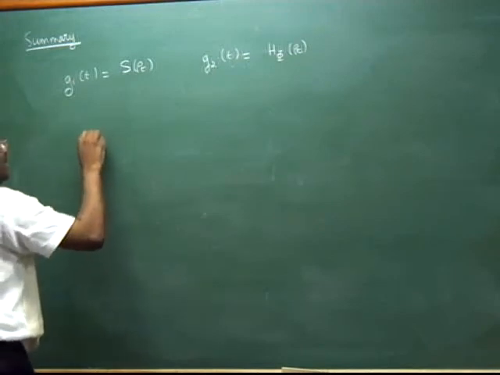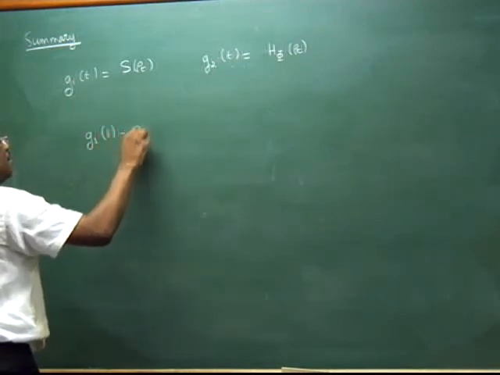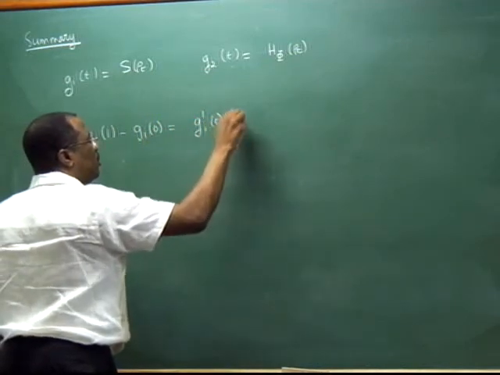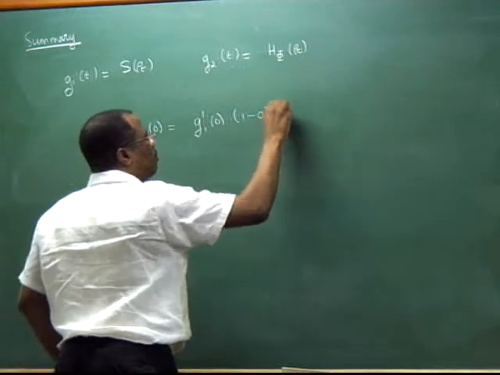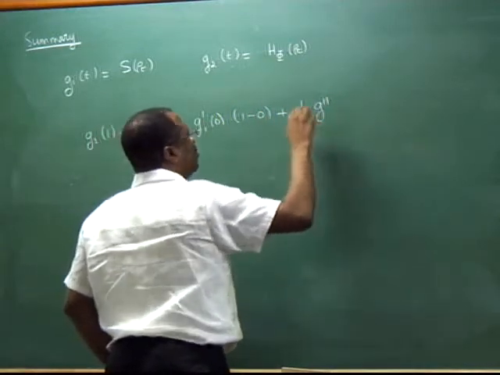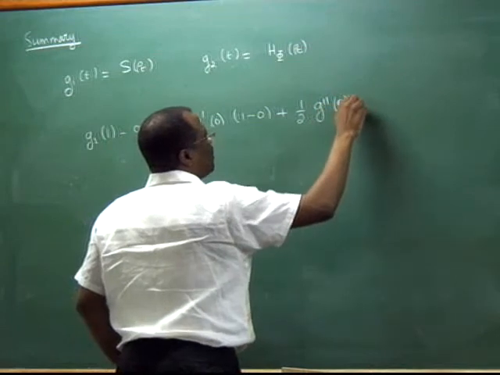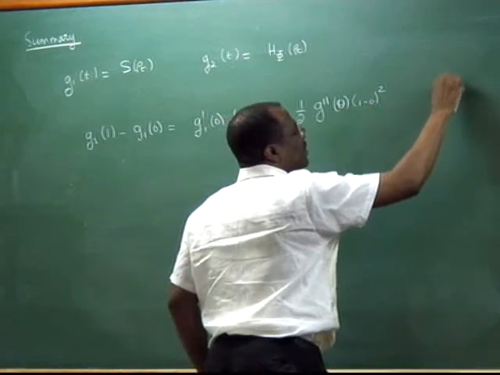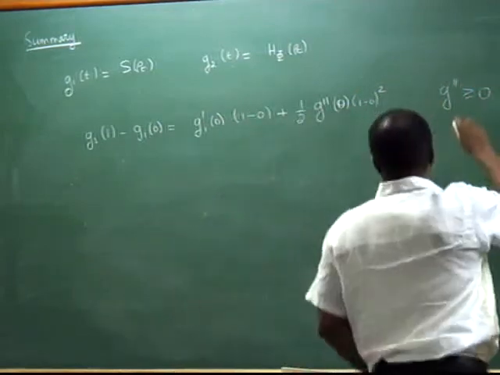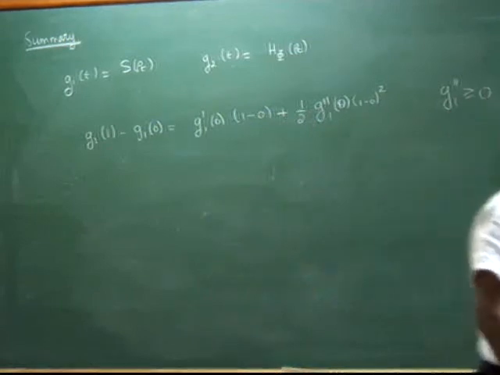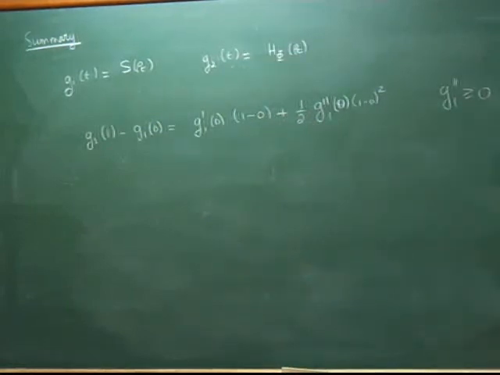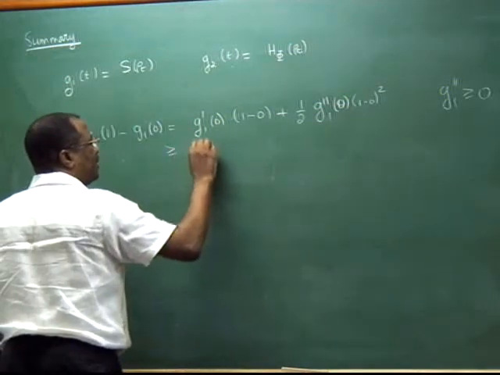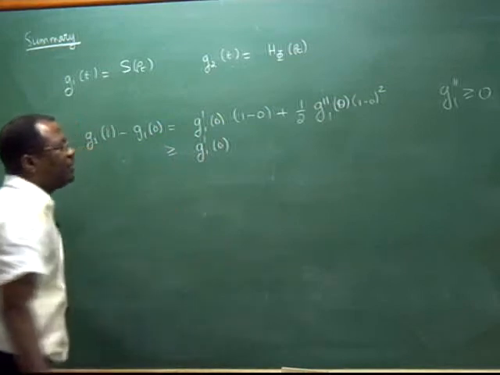If I write G1 of 1 minus G1 of 0, this is G1 prime of 0 times (1 minus 0), plus 1/2 G1 second of theta times (1 minus 0) squared. But G1 second is greater than or equal to 0 because G1 is convex. This is what we proved. So this tells me that it is greater than G1 prime of 0. This is what we got.